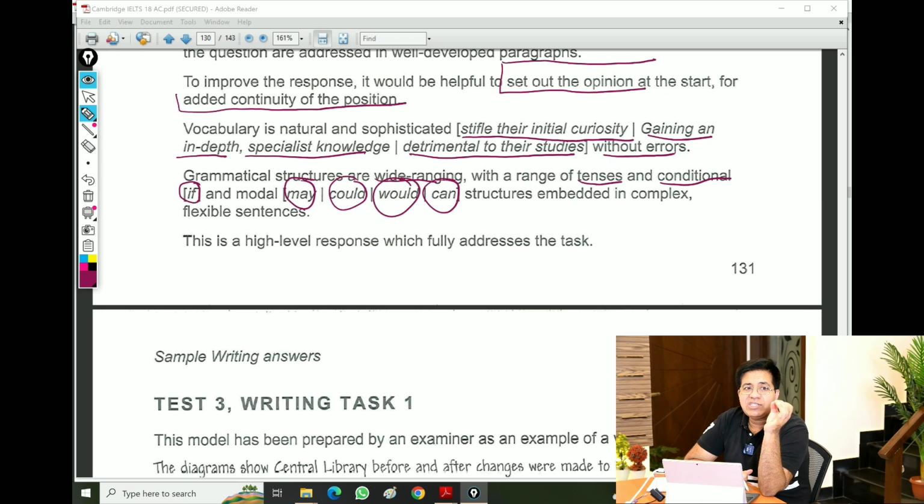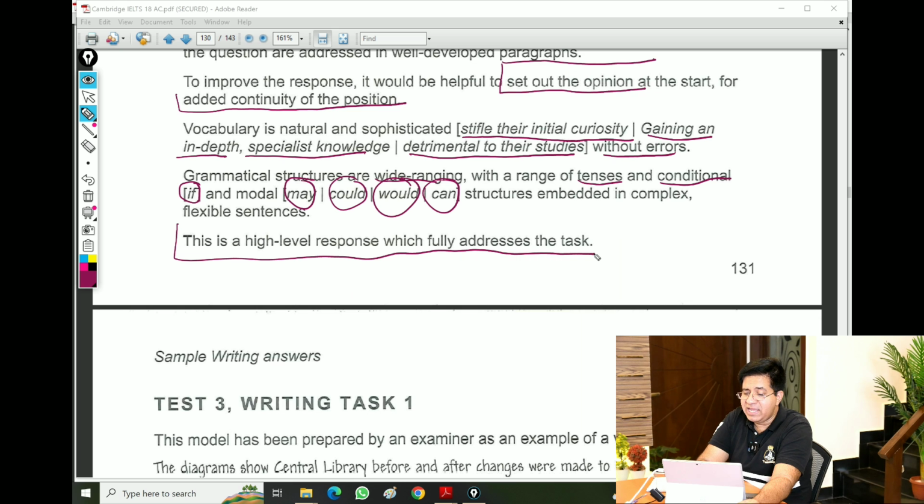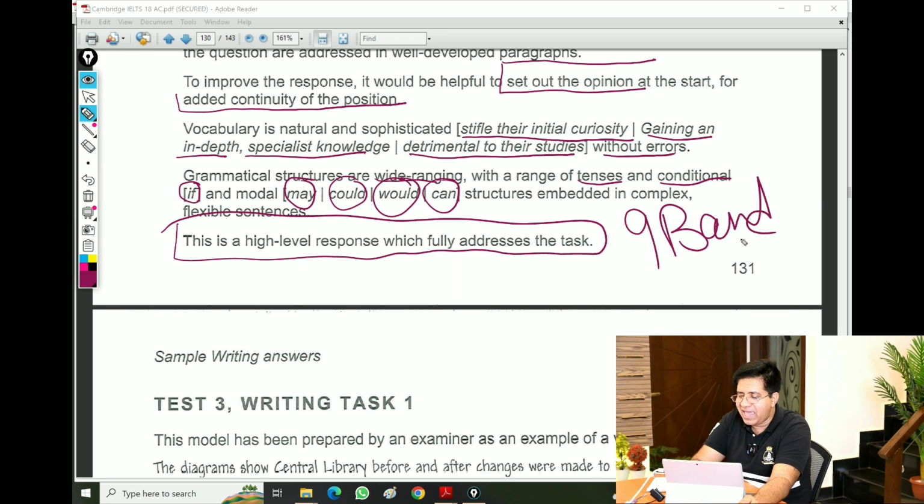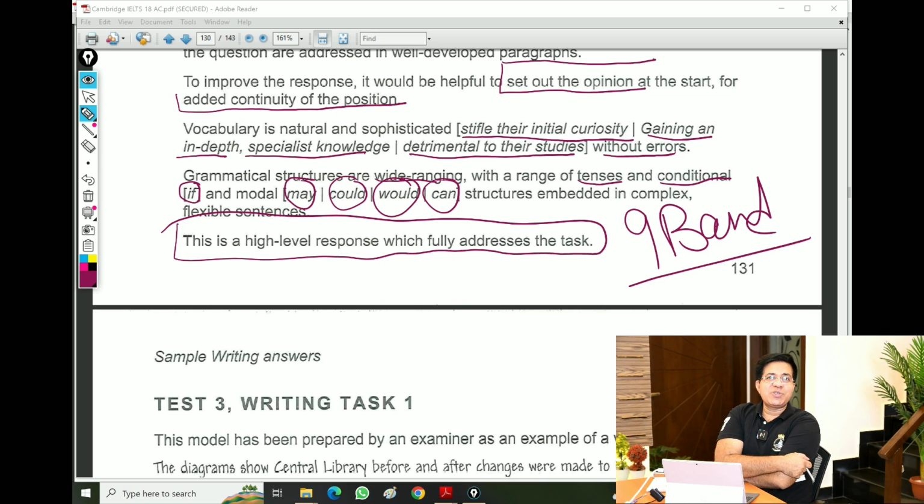Therefore, I advise you to watch any YouTube video where you're watching me, modal verbs, English modal verbs, can, could, may, might, should, have to, must, and all that. Structures embedded in complex flexible sentences. This is a high level response which fully addresses the task. High level response that fully addresses the task means band 9, okay? Exactly. All right guys, thank you so very much.